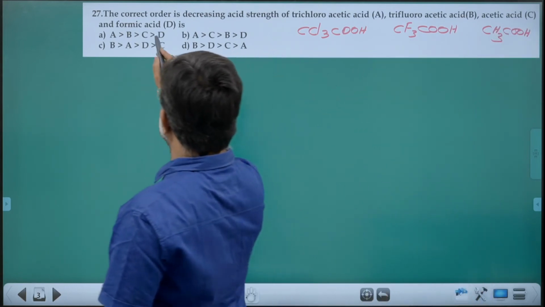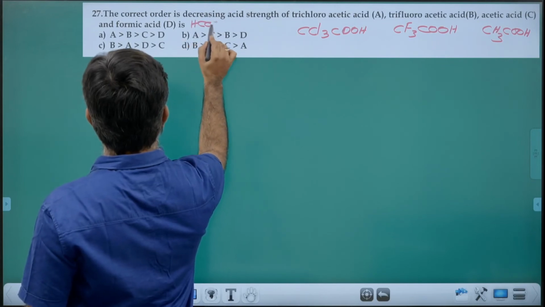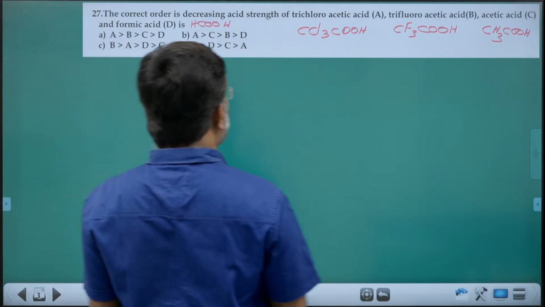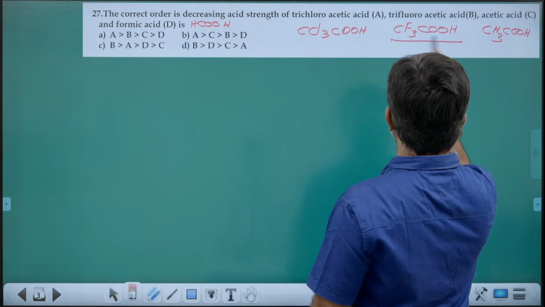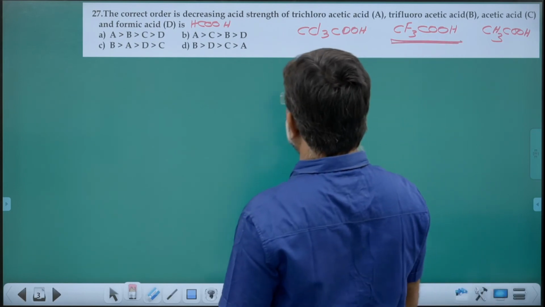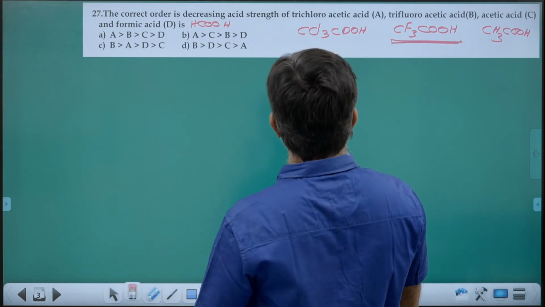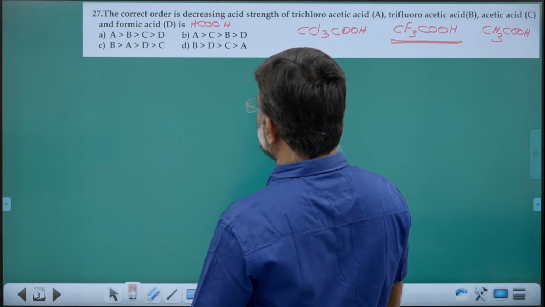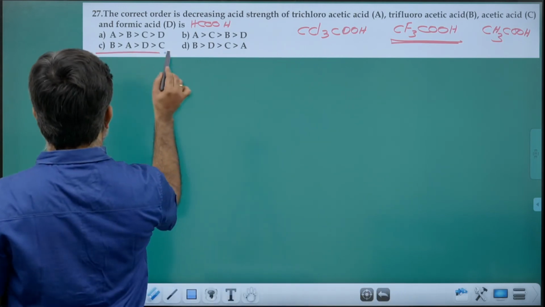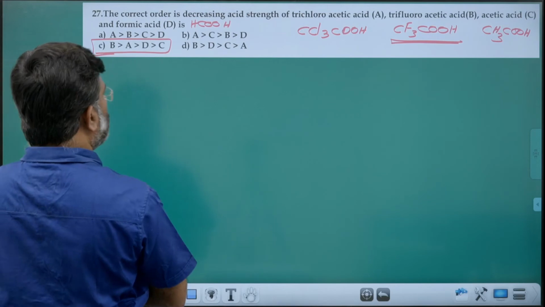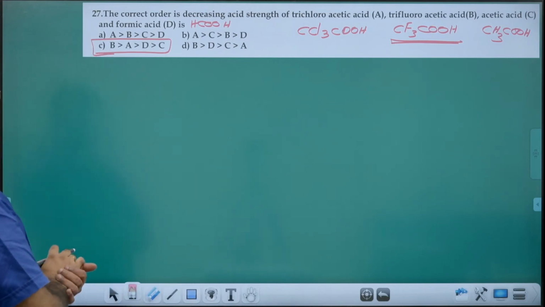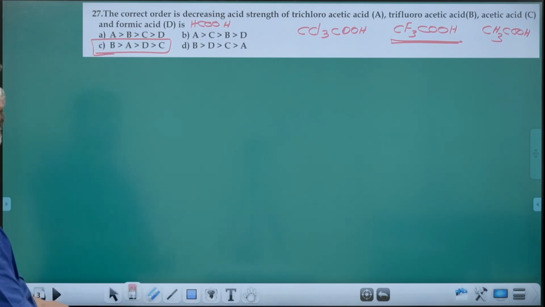And formic acid, HCOOH. So most acidic, what is the doubt in this? This is most acidic. So B maximum, then A. Answer is option C. B maximum, trifluoro, then A trichloro, then formic acid, then acetic acid.